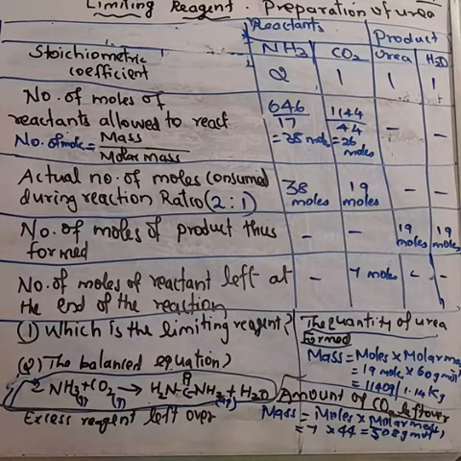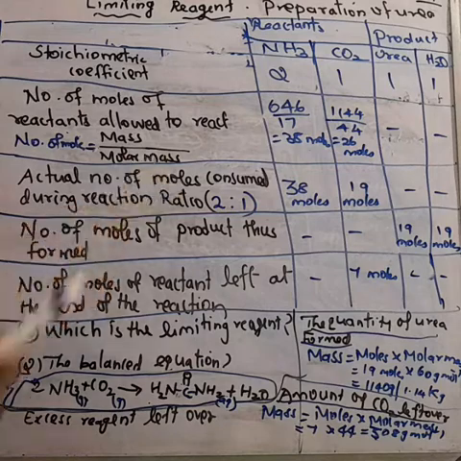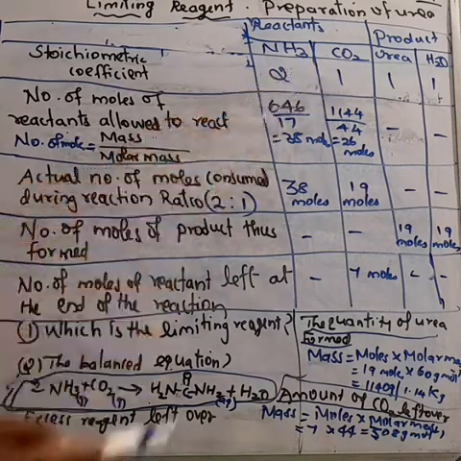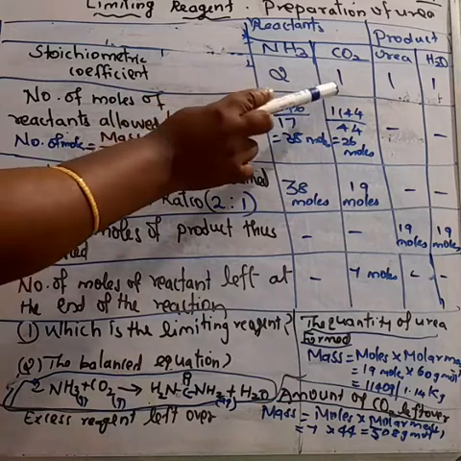Okay. So next, the actual number of moles consumed during the reaction ratio. That is the limiting reagent. The reactants are reacting here in a 2:1 ratio.